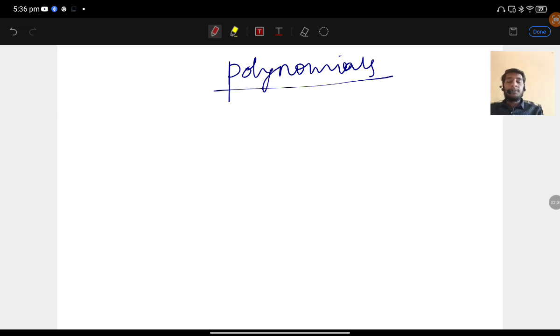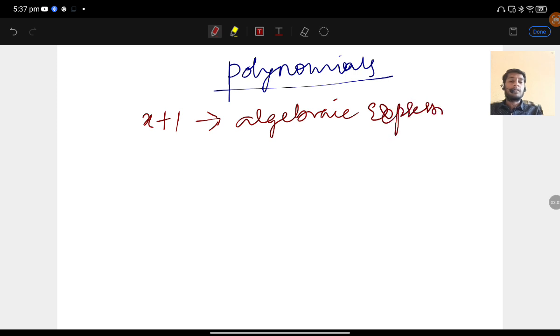So here, take one example, x plus 1. This is an algebraic expression.